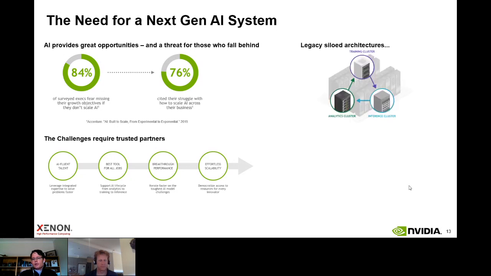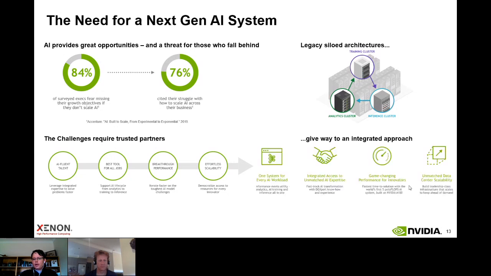Previously, one of the problems has been that we had siloed architectures which had different infrastructure for data analytics, for training deep learning and AI models, and for inference. And what we really need is a next-gen AI system like the DGX, which combines all that in one infrastructure. And so with the DGX, we really have one system for every AI workload that includes training, inference, and analytics.